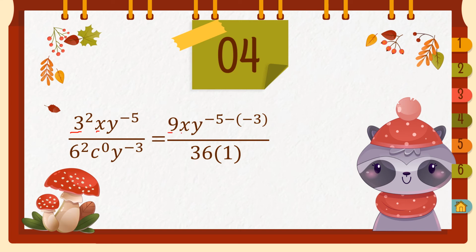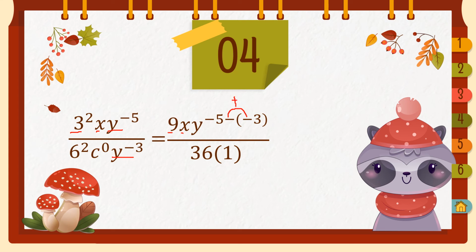X, yan. Tapos y. Etong y, parehas po sila dun sa ilalim. So, ito po iaakyat po natin. So, magiging negative 5 minus negative 3. Kasi subtraction kapag division of exponent, di ba? Subtraction ang gagawin natin. So, ito magiging plus natin yan mamaya.